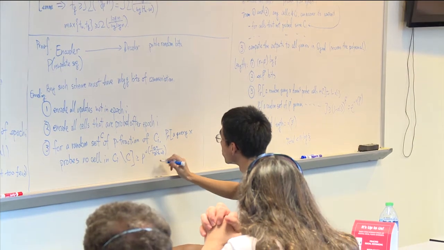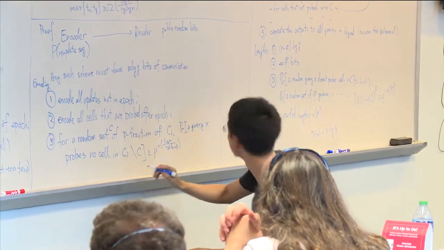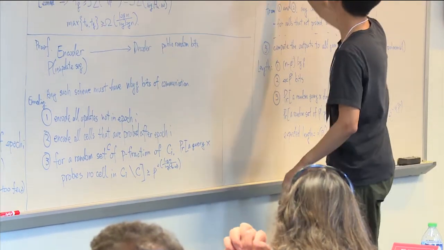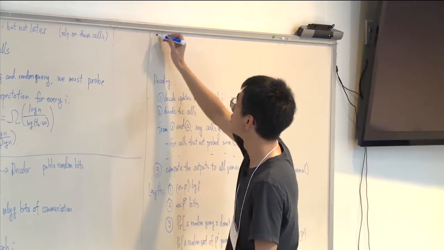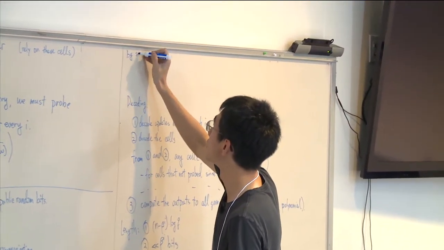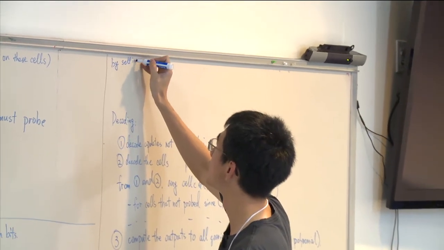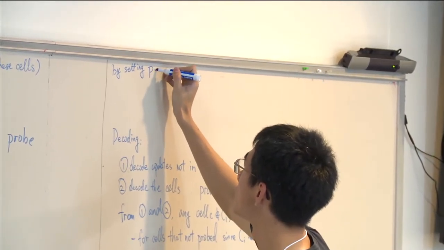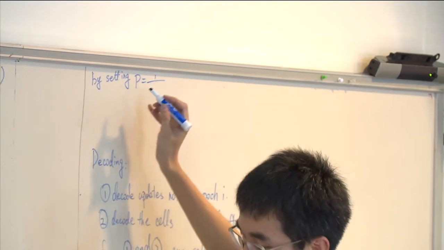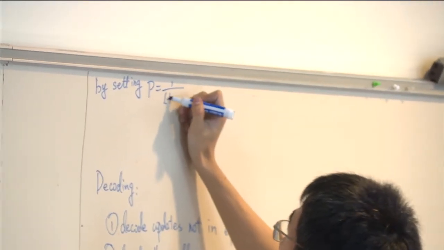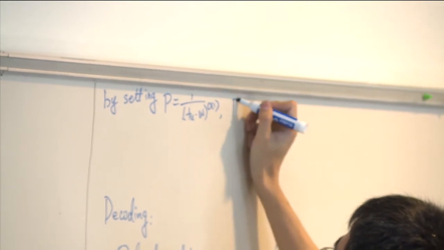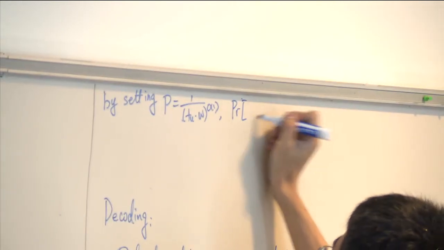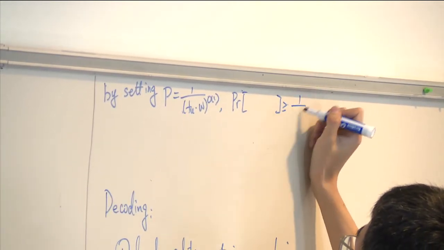So this is roughly, to be 1 over polylog, 1 over tu times w to some power. This probability is at least 1 over n to the little o of 1.